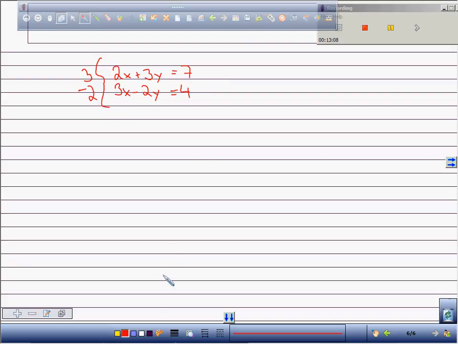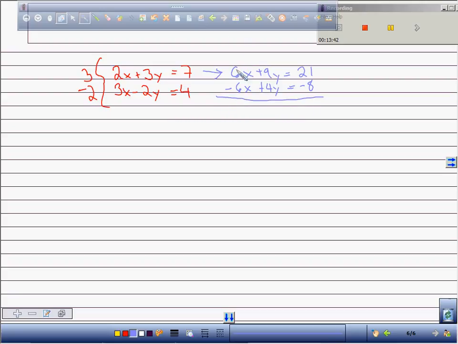So now when I rewrite, this one becomes 6x plus 9y equals 3 times 7, 21. And this one becomes negative 6x plus 4y equals negative 8. And now I can add.